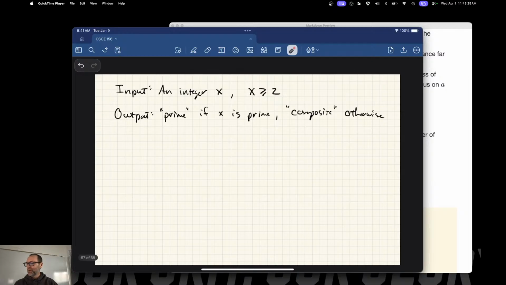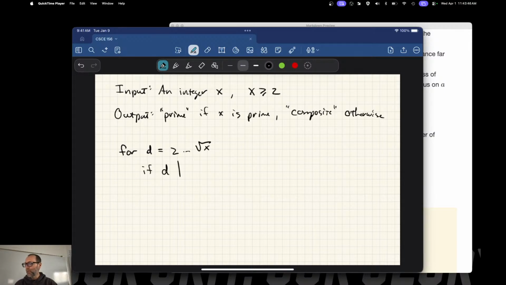So here is my loop. For, and I won't concern myself here with just primes, for let's say d running from 2 up to square root of x, if d, and here's some math for you, divides x, then I will output composite, because I found a prime divisor here.